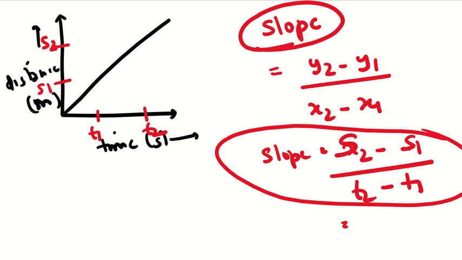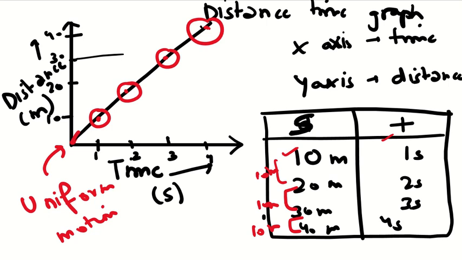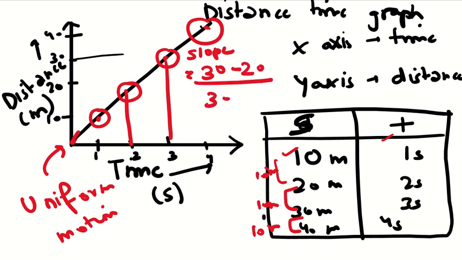So what does the slope of a distance time graph tell us? It tells us the speed of the object. If I take this example, for this point and this point, and calculate the slope: 30 minus 20 divided by 3 minus 2.